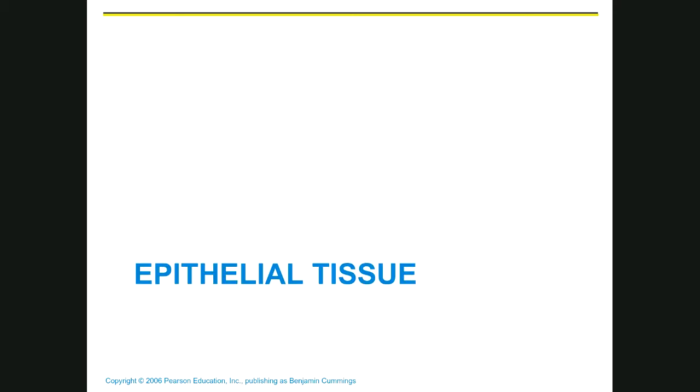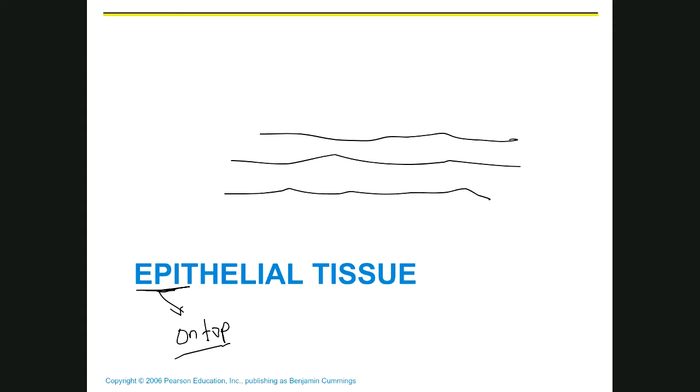And the first one we're going to look at is epithelial tissue. First of all, epi, that prefix, if you ever see it with anything, means on top of. So this tissue is on top of something. If you look at a bunch of tissues, this one right here, the one that's on the top, is going to be the epithelial tissue.